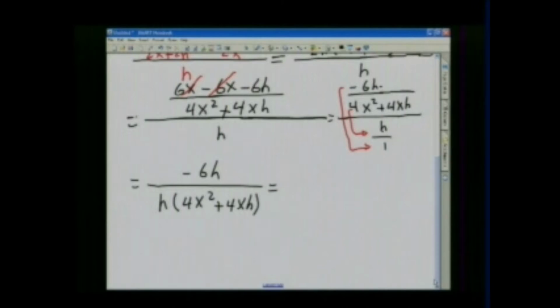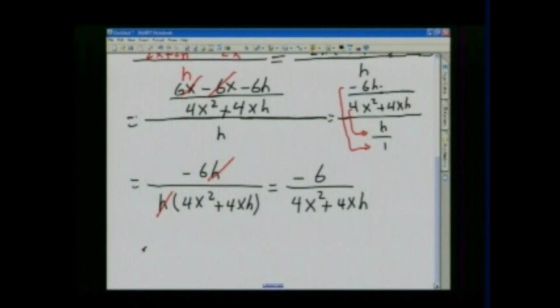This h in the numerator and this h in the denominator would cancel. Therefore, I have minus 6 divided by 4x squared plus 4xh.